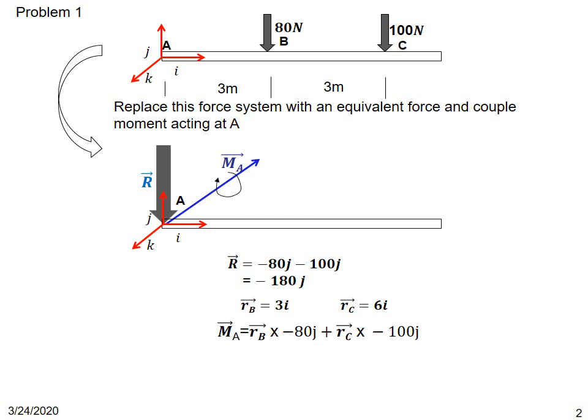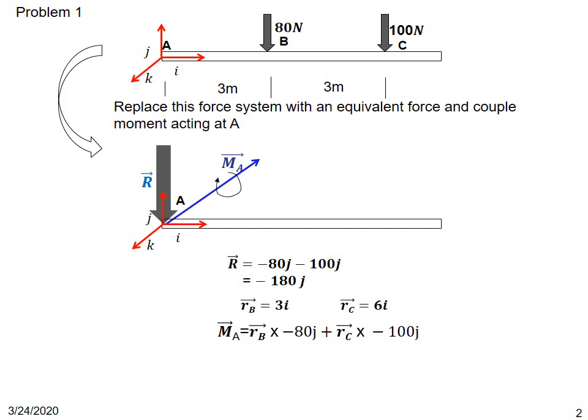So the moment of 80 Newton about A is R cross F, here R is RB, which is 3I, cross minus 80J, since the 80 Newton is in the minus J direction.